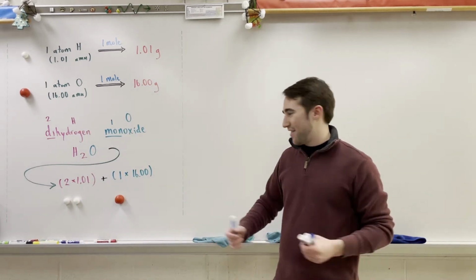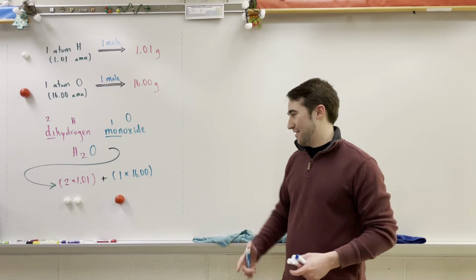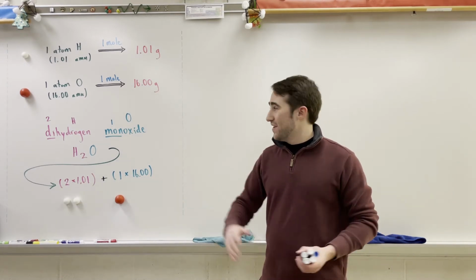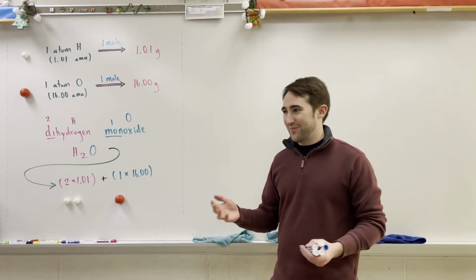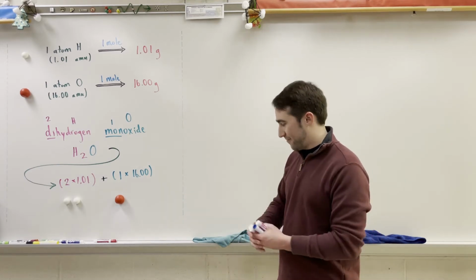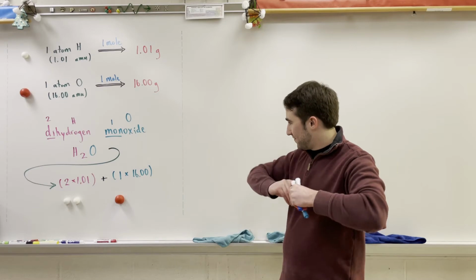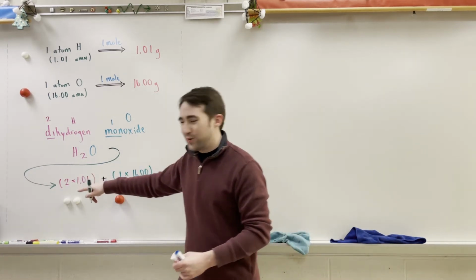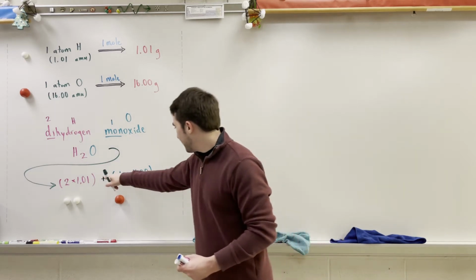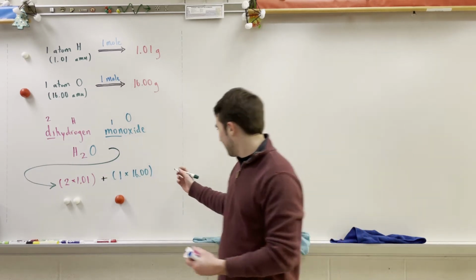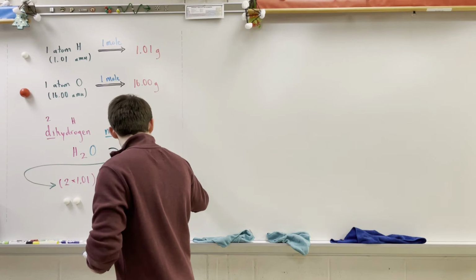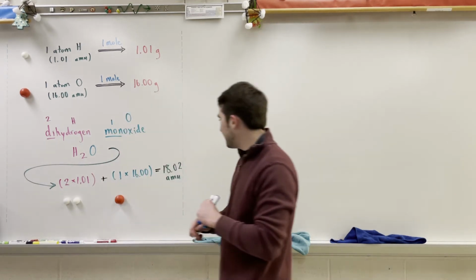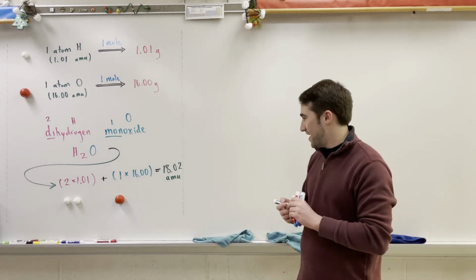And if I add those together, I should get the atomic mass of 1 molecule of H2O, okay? Which should be the same number as the molar mass when I scale it up to a mole of that stuff. So just adding these together, this should come out to be about 2.02, okay, plus 16. This should be 18.02 AMU, atomic mass units.